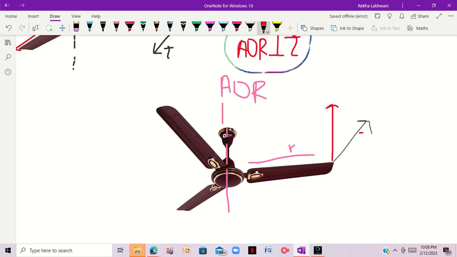This is our force. I have applied the force over here, and let's parallel shift this moment arm, and this will be theta right over here. From the right hand rule, if we try to find the direction of the torque, it will be something outward, in this direction.